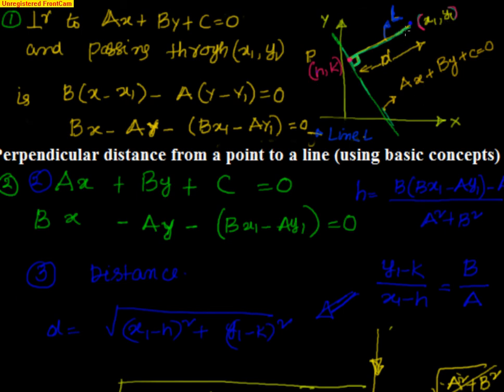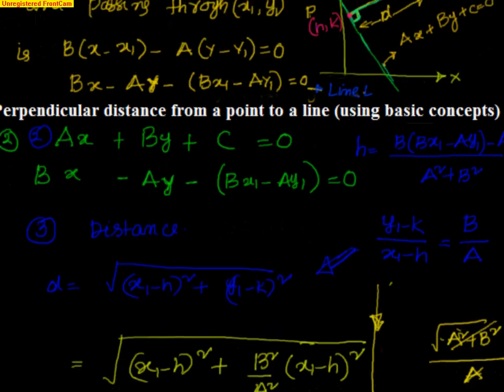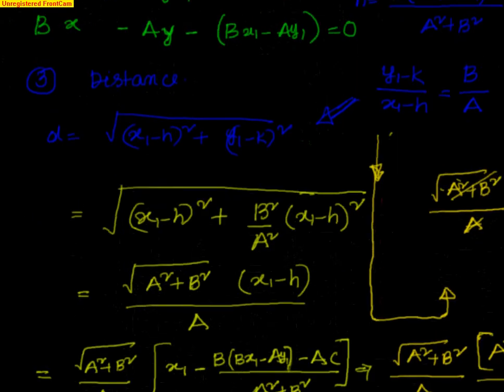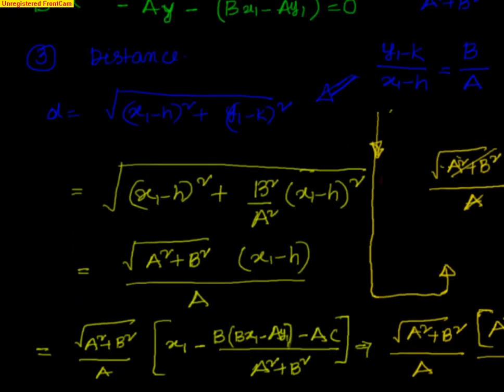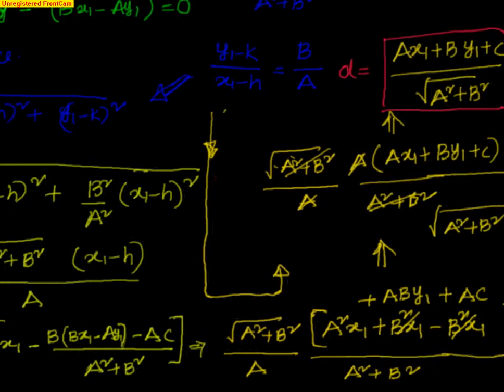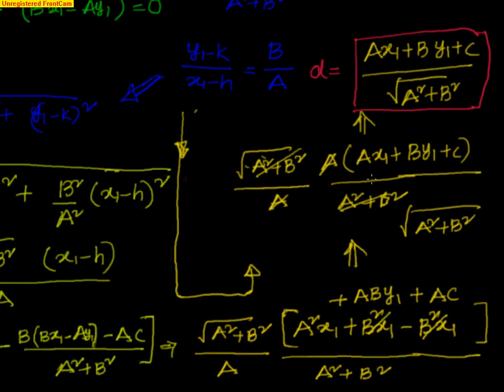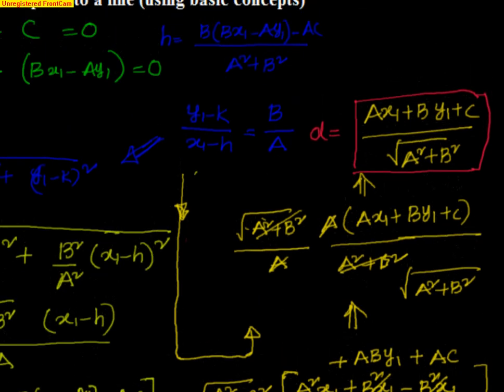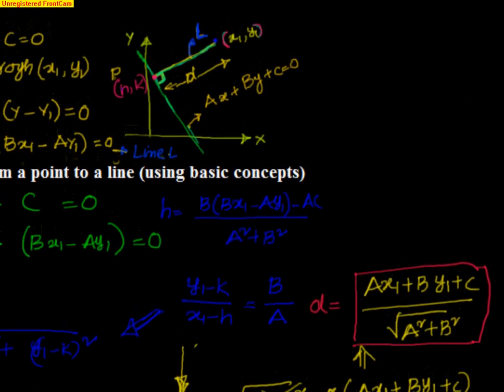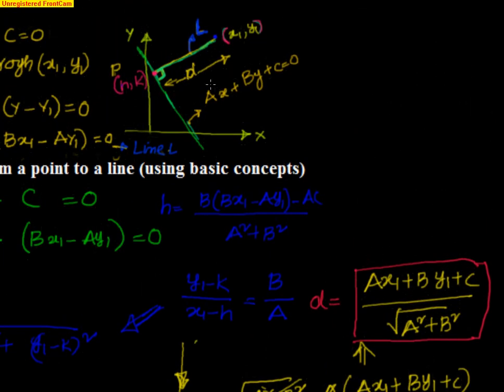So y1 minus k by x1 minus h equal to b by a. By leveraging that, we found the distance between these 2 points, and we simplified that equation, and it comes down to ax1 plus by1 plus c by square root of a square plus b square. So this is how we can find the perpendicular distance.